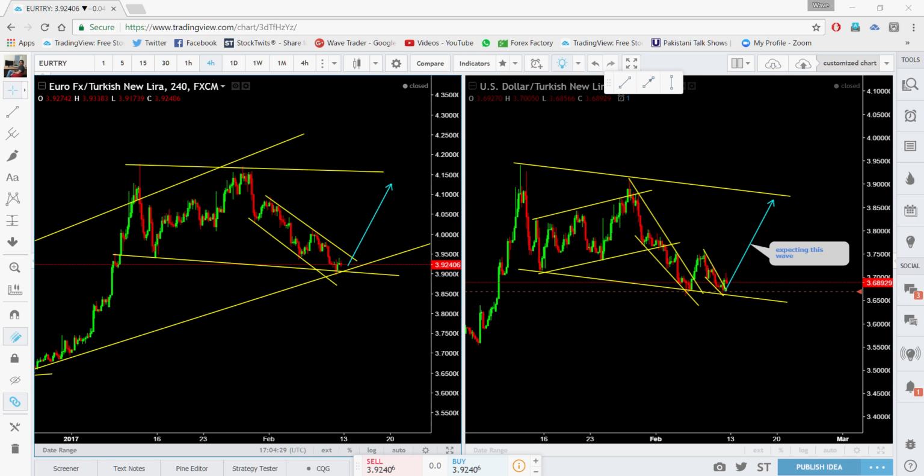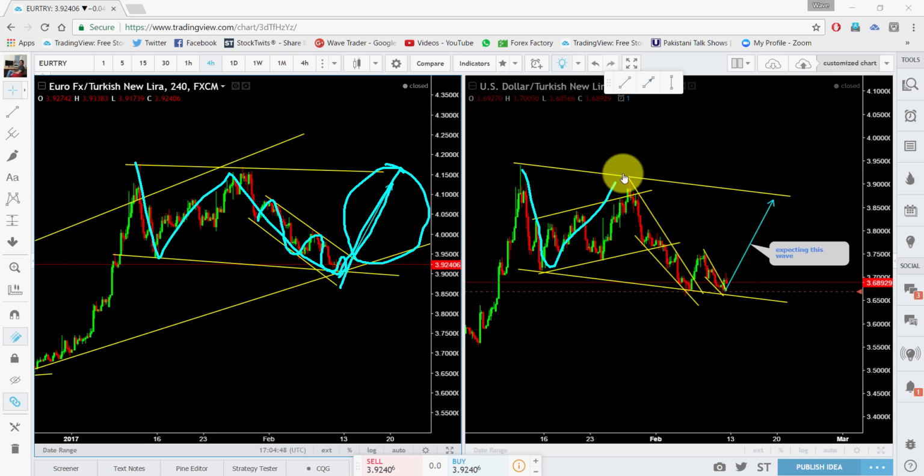So we can see there on euro Turkish lira, it is forming trend reversal channel. Yeah, so it can extend further to the downside, but will break to the upside very soon. So we will try to catch this move. Okay, we can see pattern is quite similar on both pair. Yeah, and I'm gonna complete here, testing the top again.